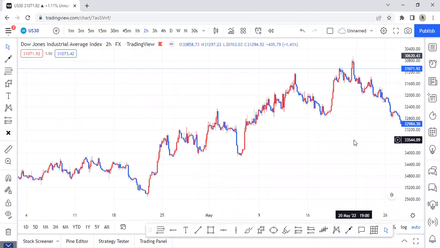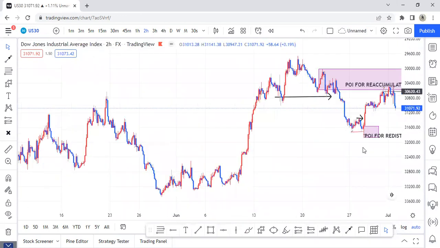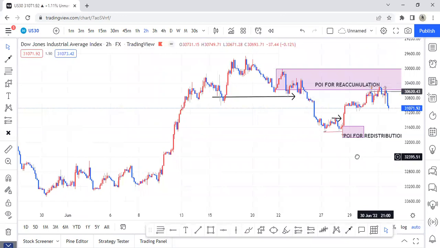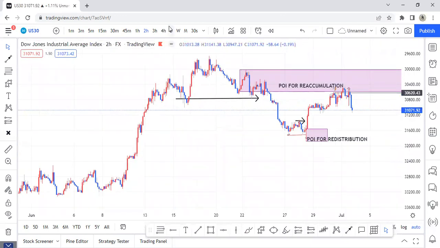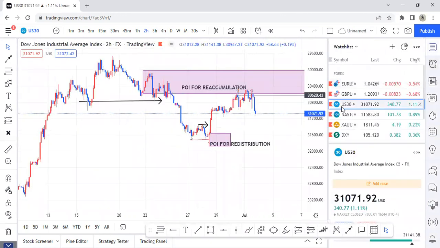All right, so let us analyze what I was looking at on the US 30. So it was an amazing trade. Is this US 30? Okay, trying to guess where I was.